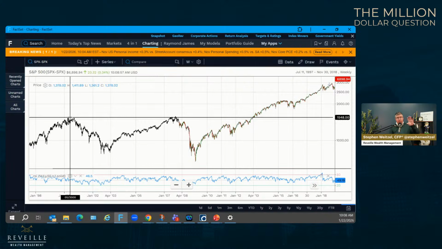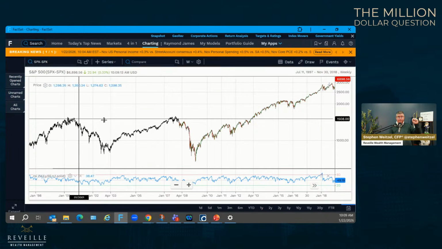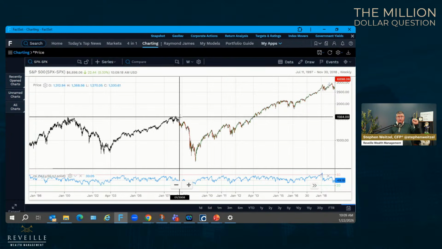So if this is zooming out a long way here, but in 2000, as the S&P was peaking, this is where buyers stopped buying in the S&P 500 at this 1560-ish level S&P. Do we think it's a coincidence that the S&P basically got to the exact same level in October, November of 2007 and stopped going up? Maybe it is, but it did, right?